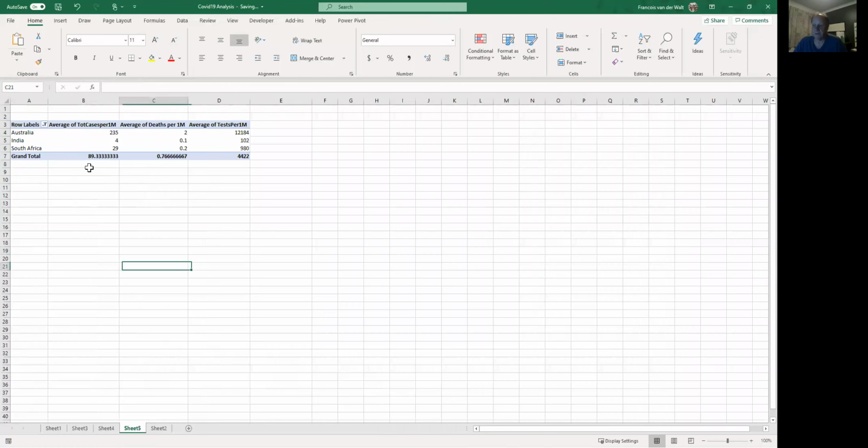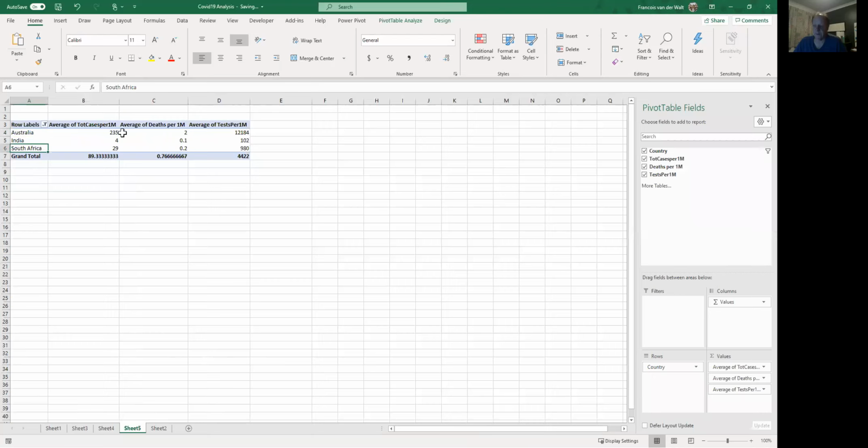Here I compared 3 countries: Australia, India, South Africa. And again, you can see that the average total cases, there's a lot more cases in Australia compared to India and South Africa. And the number of deaths is much higher than India or South Africa. But we've also done a lot more tests.